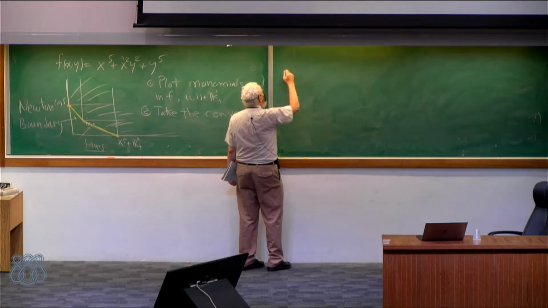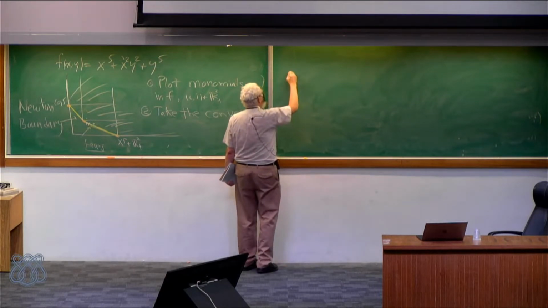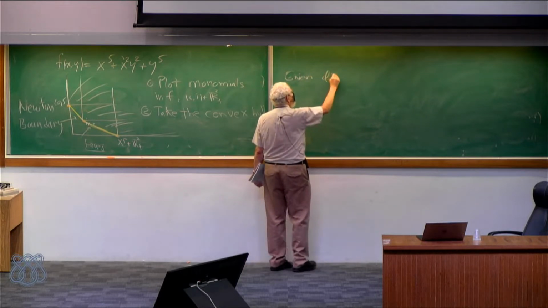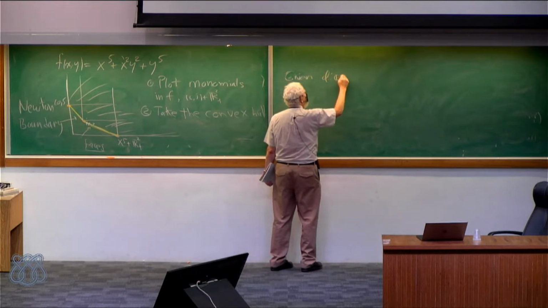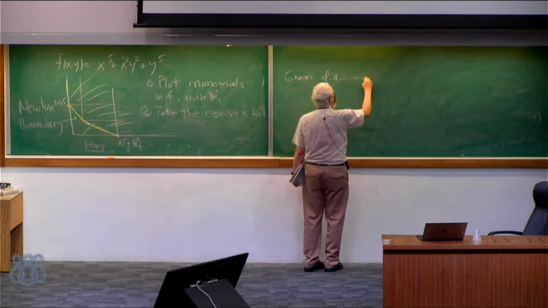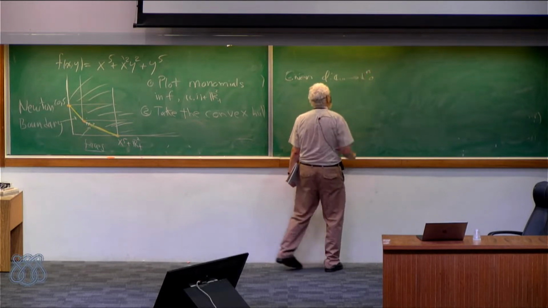We want to look at, if I'm given phi mapping C into Cn. In this case, it's just C2, but it could be Cn in general.